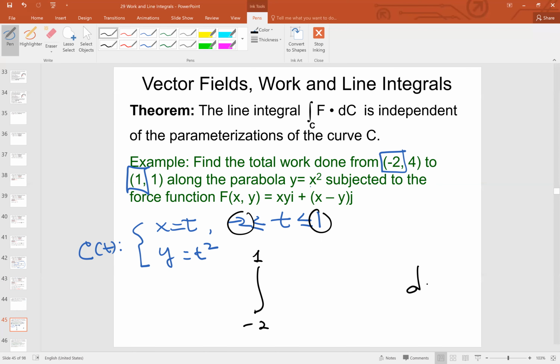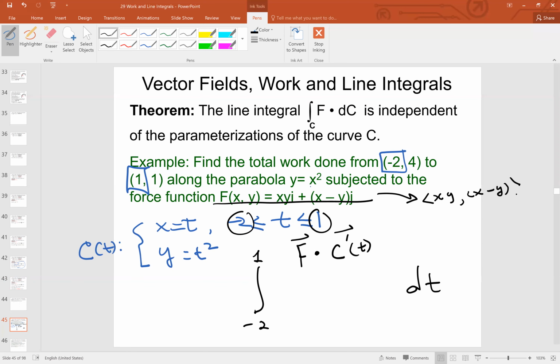So it's going to be integrating t from -2 to 1. What's in the middle? The middle, remember, is f dotted with c prime of t. Both are vectors. What's f? F's right here. F is xy, x minus y.